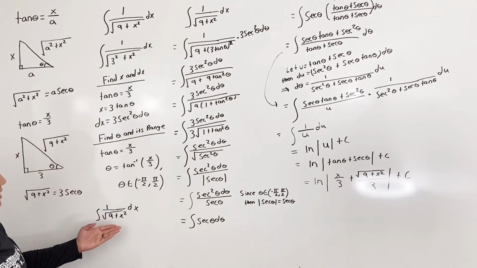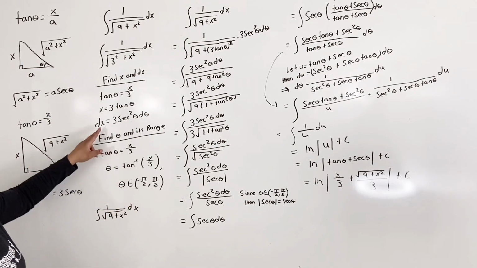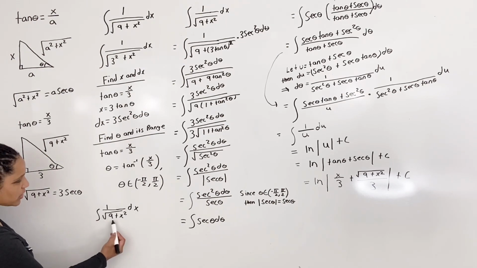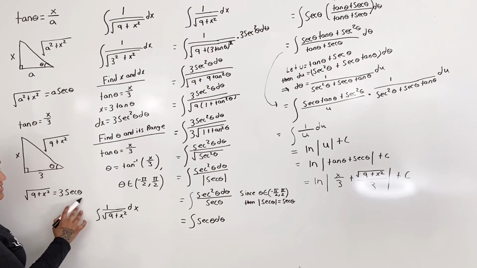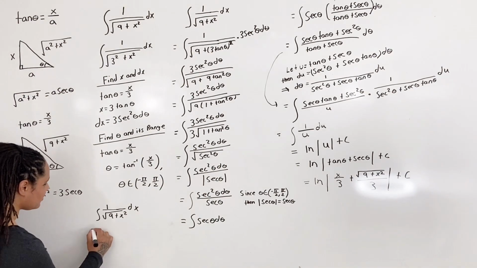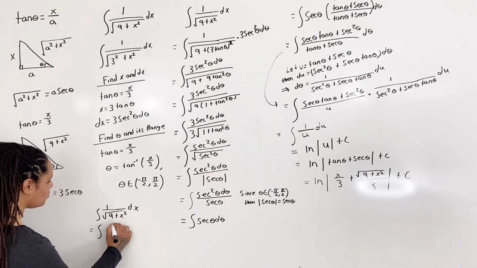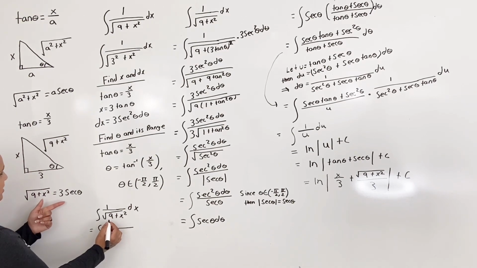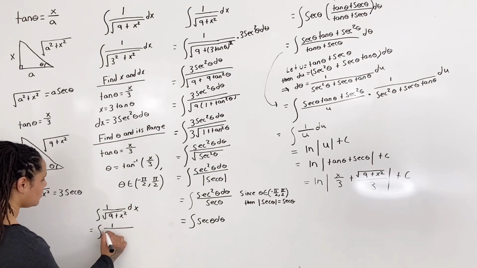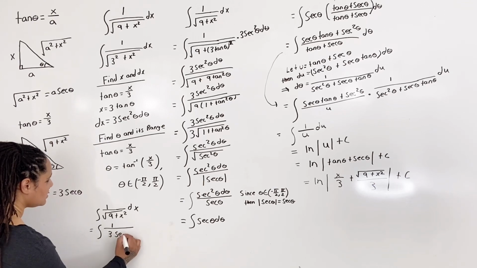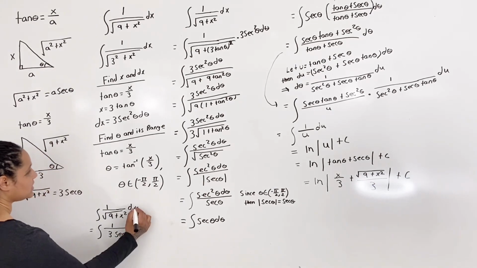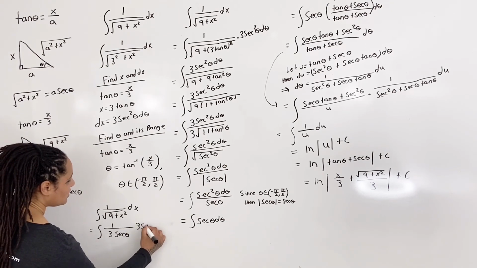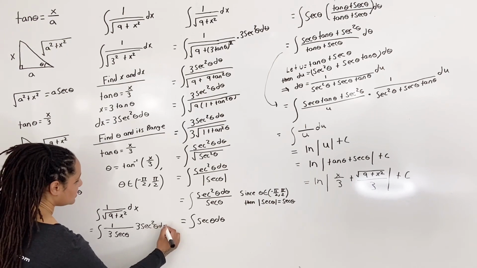if I substitute dx for 3 secant squared theta d theta, and the square root of 9 plus x squared for 3 secant theta, then I can rewrite this as the integral of 1 over 3 secant theta, times 3 secant squared theta d theta.